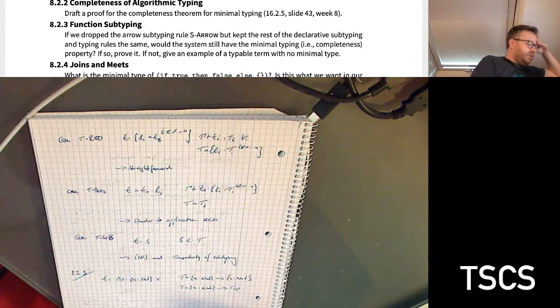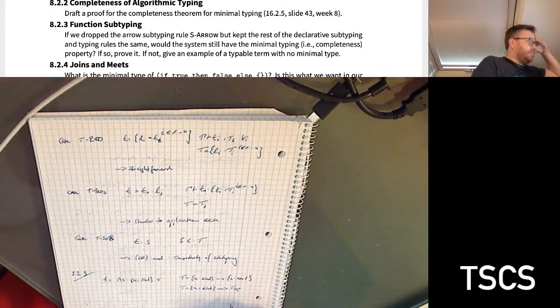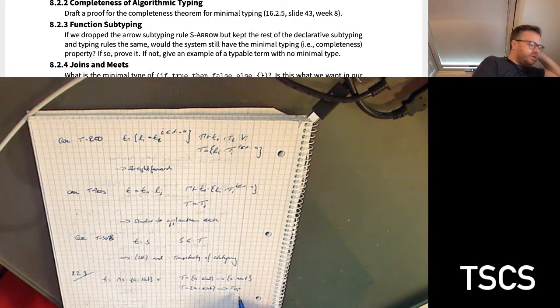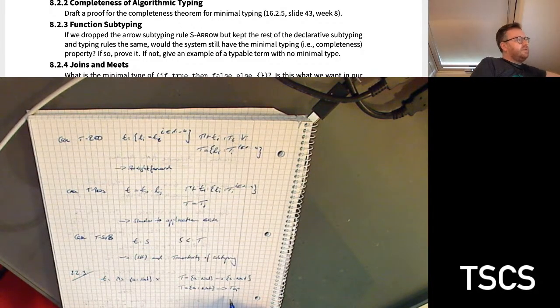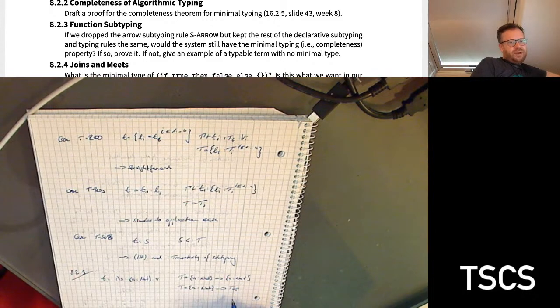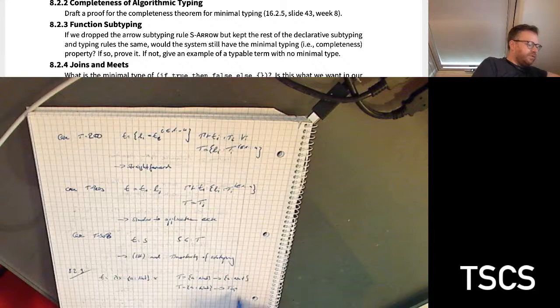This would work with the S-error rule, but without the S-error rule, these types are incompatible, and then you don't have a minimal type. There's no type that lies beneath both of them.